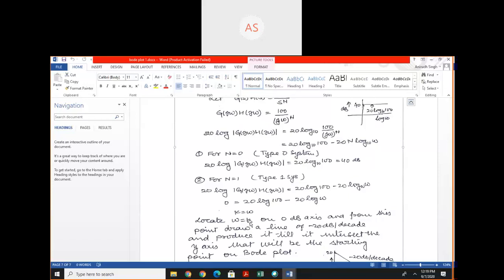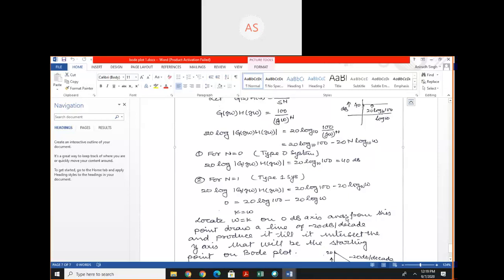This is the method for finding the initial slope or starting slope of Bode plot in case of a type 1 system. So we find omega equal to K on the 0 dB axis, because here we put this as 0.